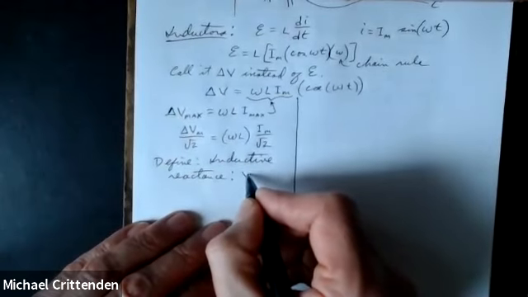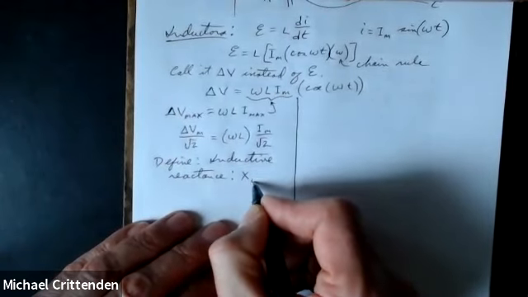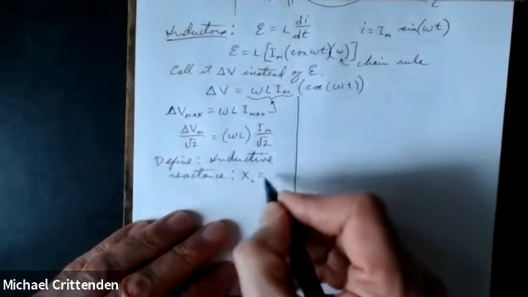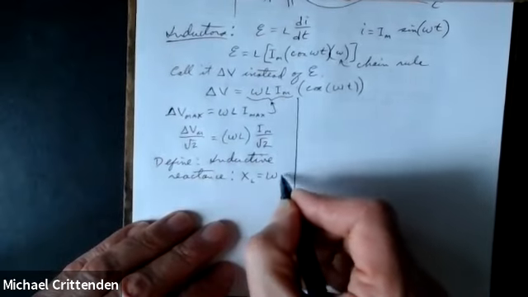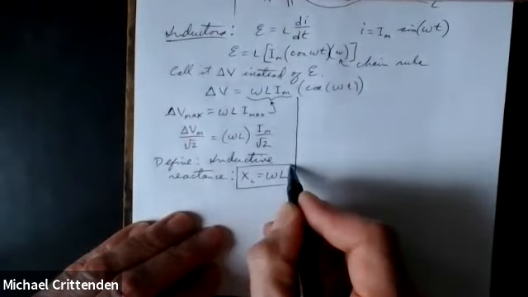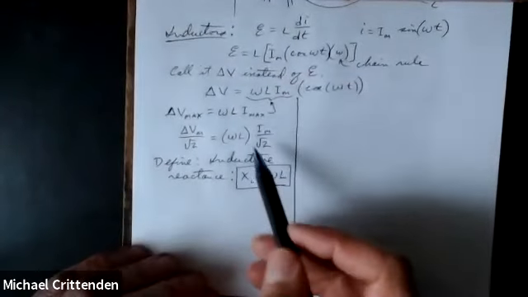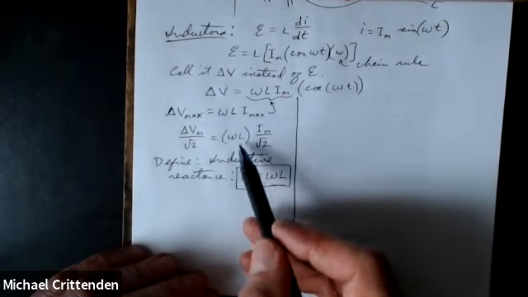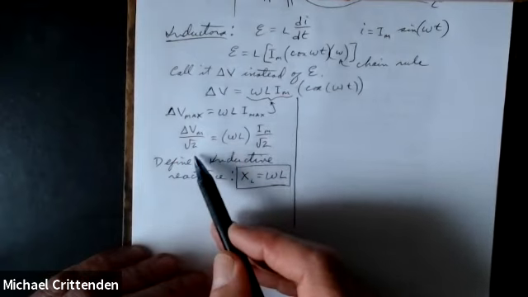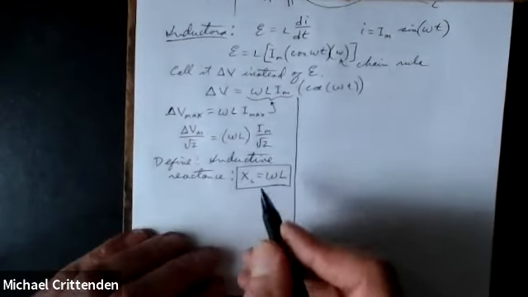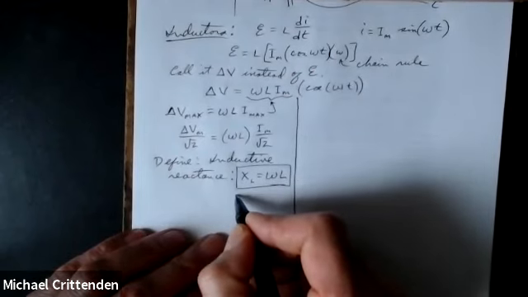The usual symbol is the letter X with an L subscript. It's equal to omega times L. And you can see from this that it would be measured in volts per amp, which is better known as an ohm.